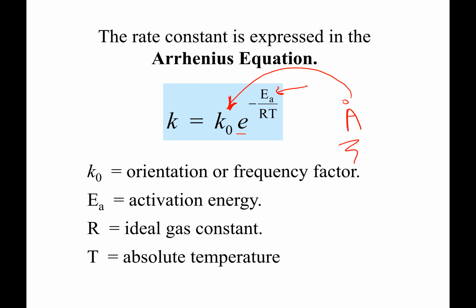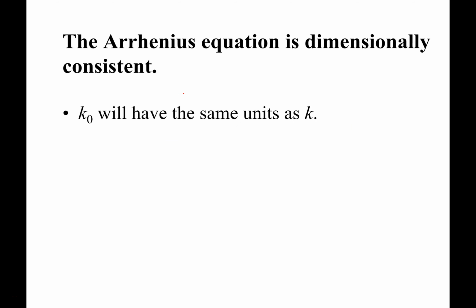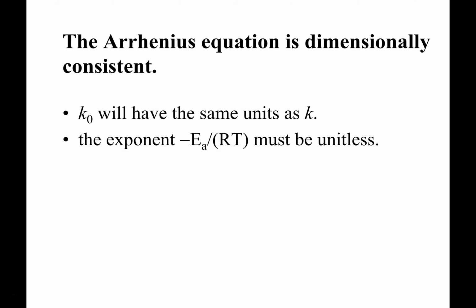So if I go back and forth, how do I say this? This is unitless, and so that means that these units have to be equal to these units. So our orientation factor, K0, will have the same units as K. The units that e is raised to, they need to all cancel.